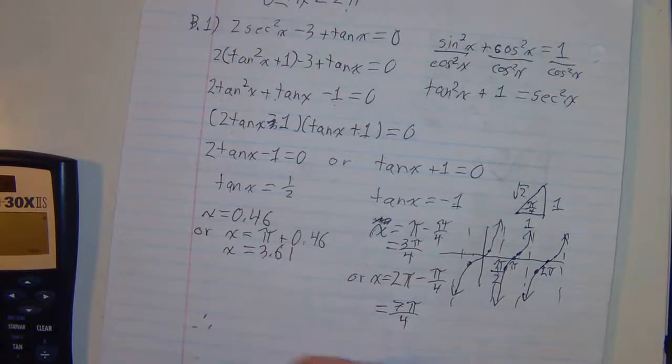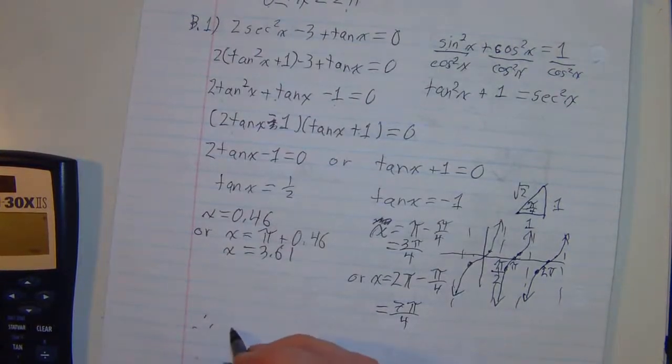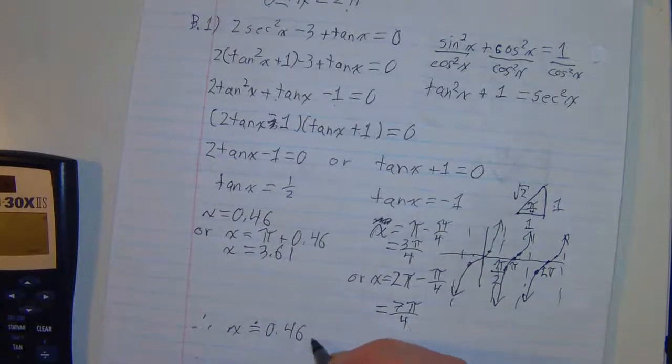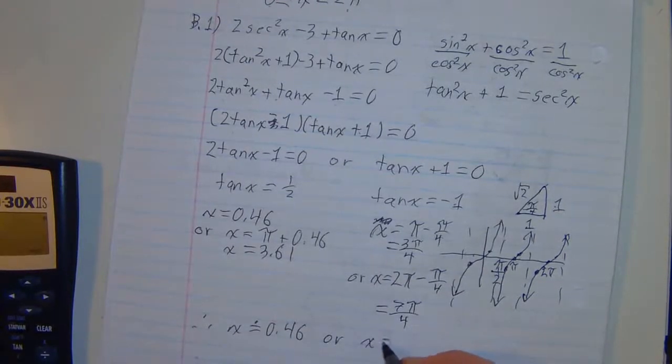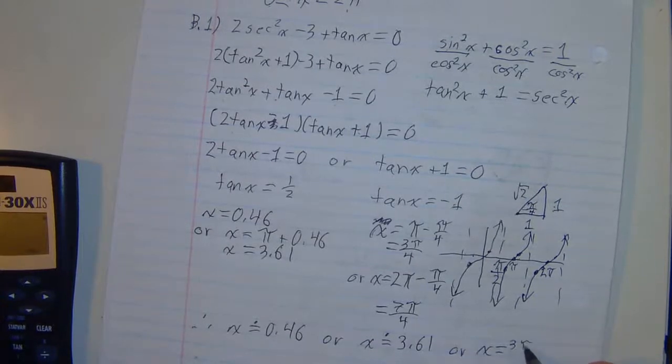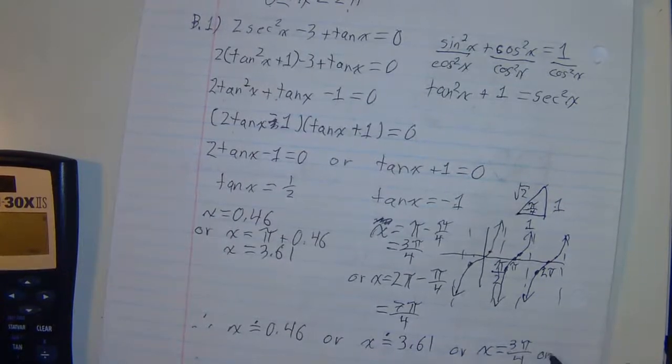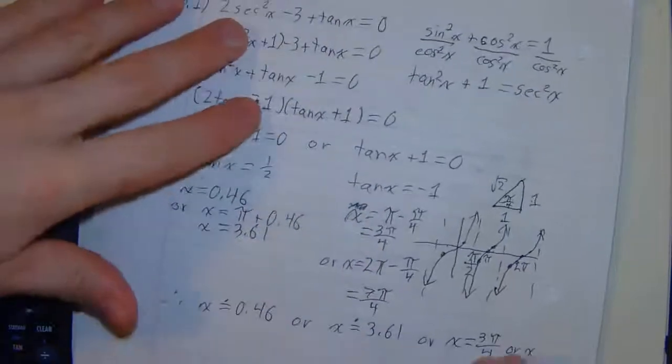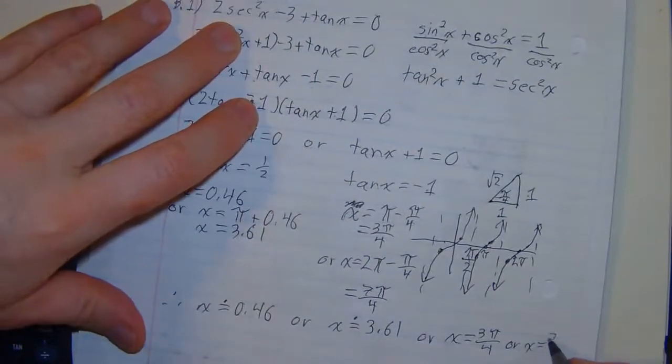So therefore, we'll clean up our conclusion here. x equals approximately 0.46, or x equals approximately 3.61, or x equals exactly 3 pi/4, or x equals, again an exact value, 7 pi/4.